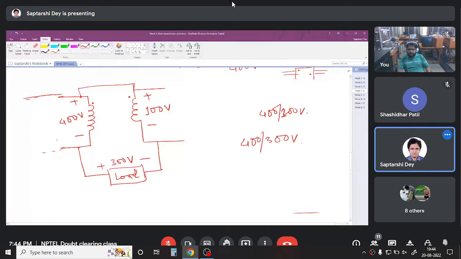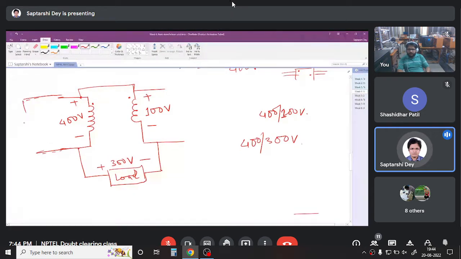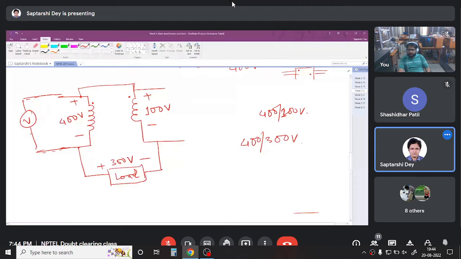So if we apply a 400 volt supply here and make a connection like this, I will erase the unnecessary parts. I will have the transformer windings connected in subtractive manner.